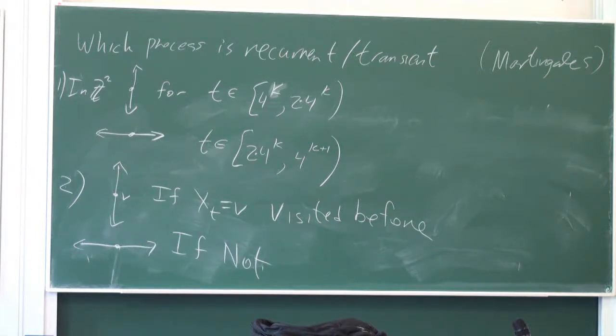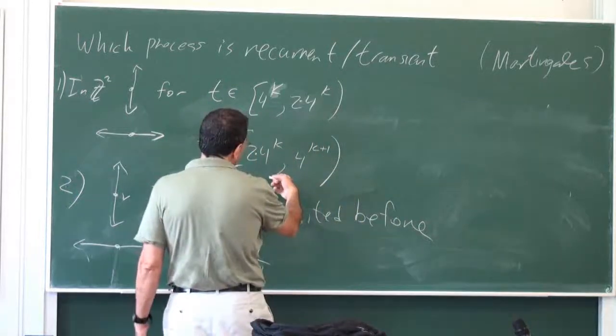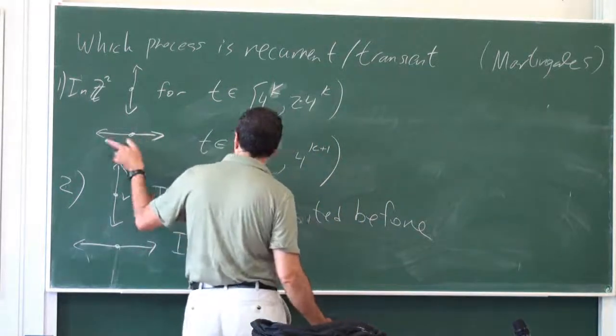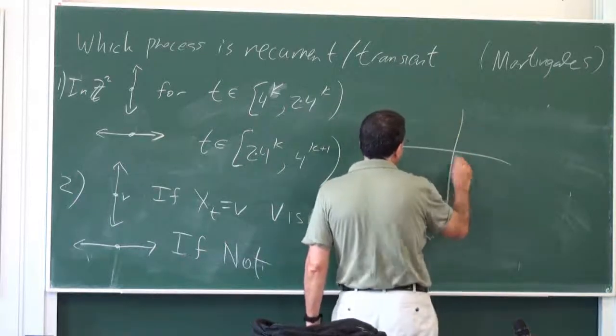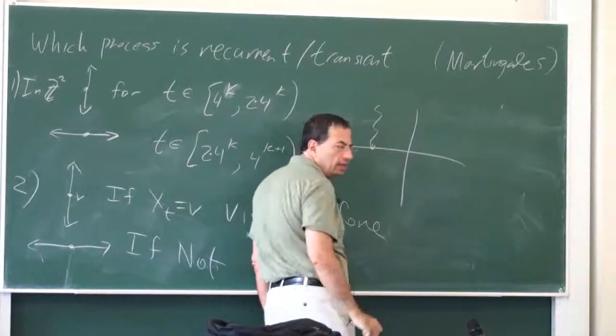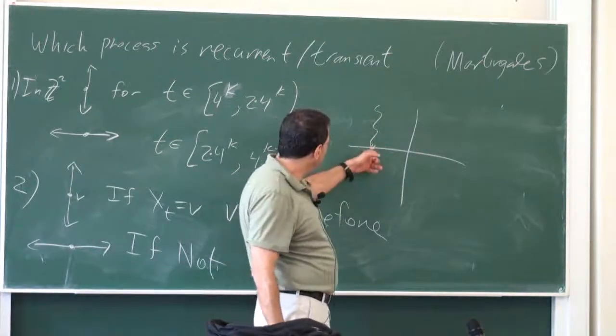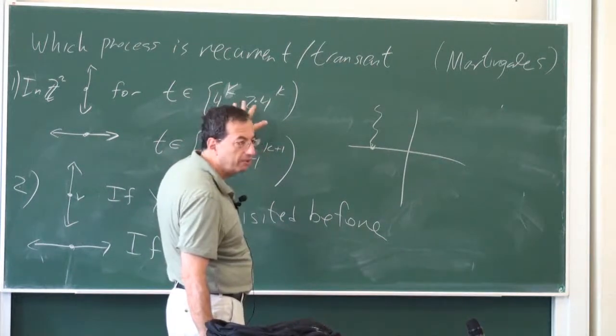Right. So one reason it's easy to see is, suppose I want to ask, in these horizontal steps, is it going to reach the origin? Well, how is it going to reach the origin in the horizontal steps? Only if right before this round of horizontal steps, it somehow reached exactly the x-axis. But right before this, we did a lot of vertical steps, like 4 to the k vertical steps.